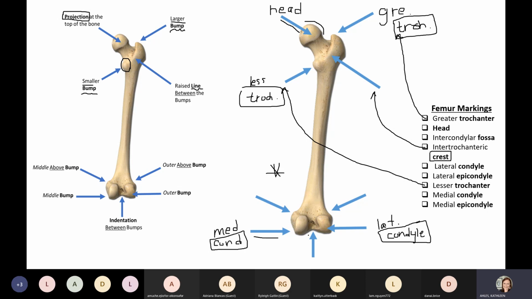Above the condyle, we have these things called epicondyles. Remember from last week how we had the epidermis that was above the dermis? The epicondyle is above the condyle. So this would be my medial epicondyle, my bump above my other bump, medial epicondyle. And I have my lateral epicondyle over here.